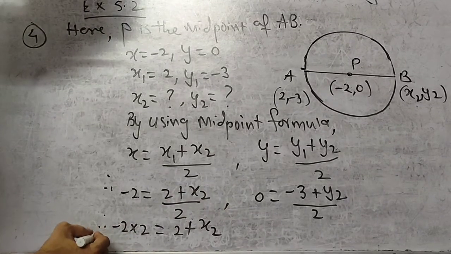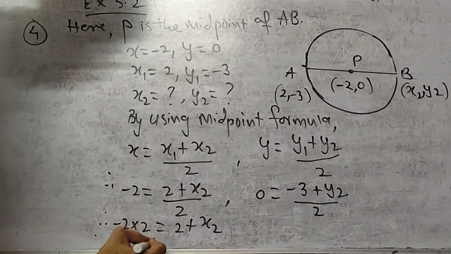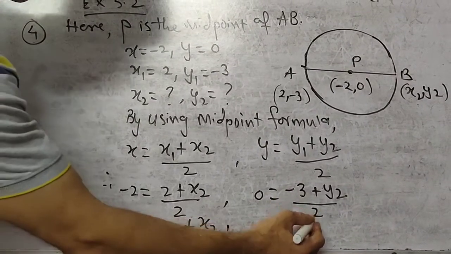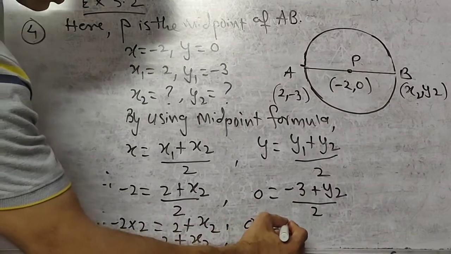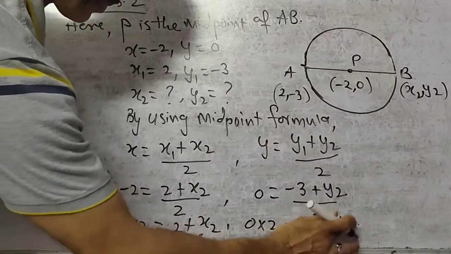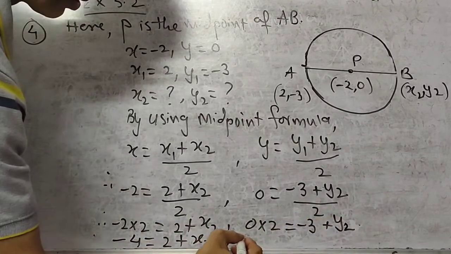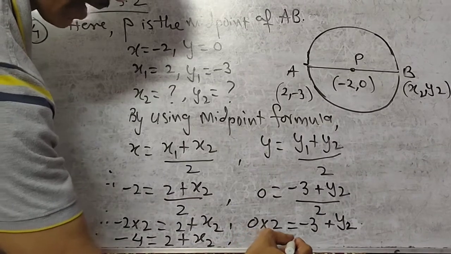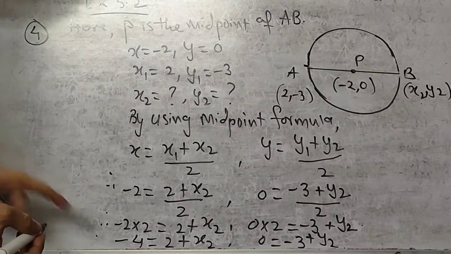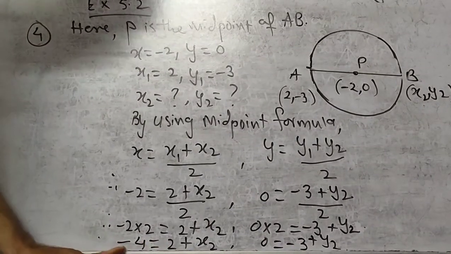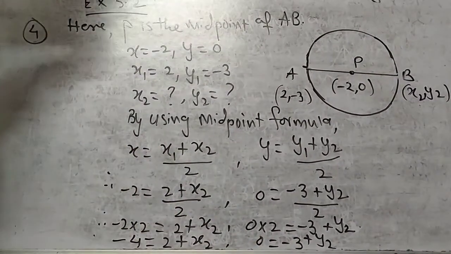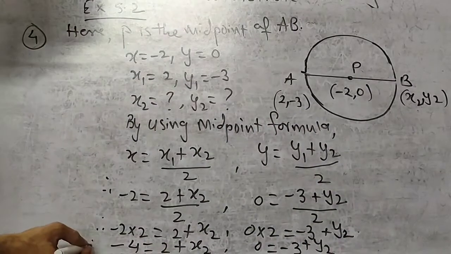So this will be minus 4 is equal to 2 plus x2. And here 2 into 0 will be 0 only, minus 3 plus y2. So 0 is equal to minus 3 plus y2. So here you can see this plus 2 will come here, becomes minus, and this minus 3 will come here, becomes plus. So no place, so I am writing it here.